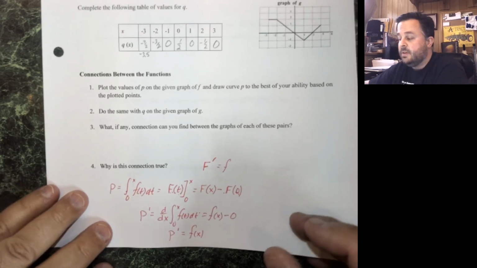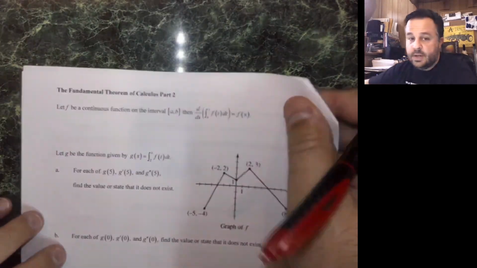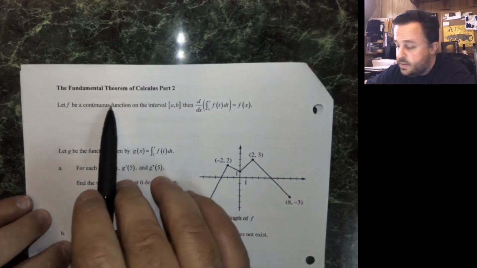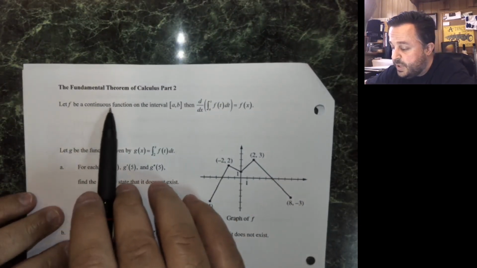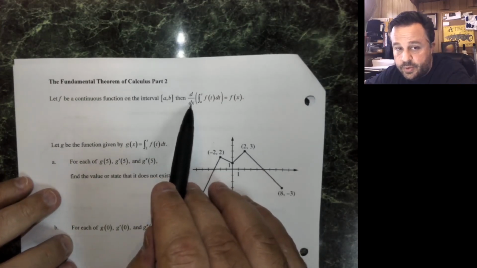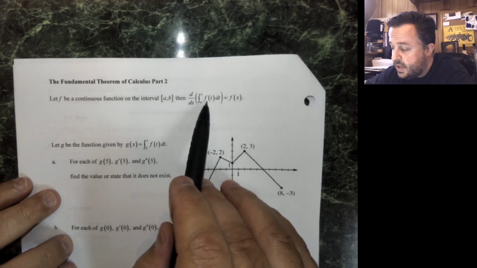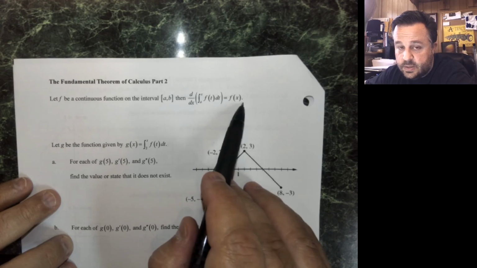So I'm going to go ahead and finish by just flipping over to the second page here. And this is the big result from that first page. So let f be a continuous function on the closed interval a to b. Then the derivative of the integral from a to x of f of t dt is equal to f of x.